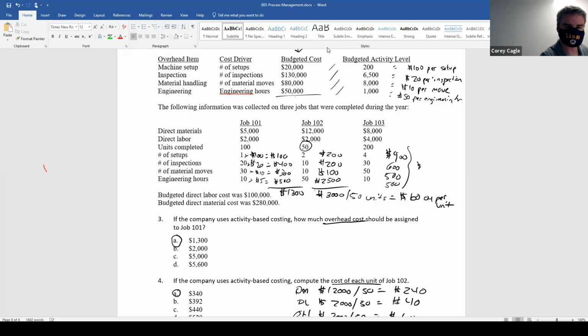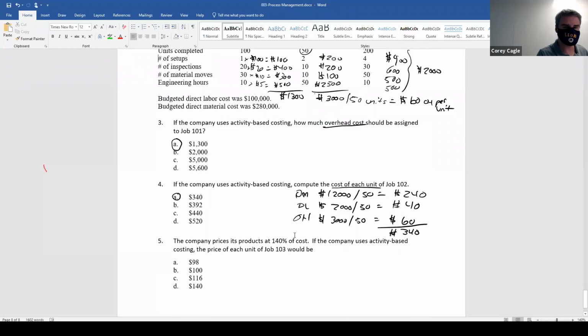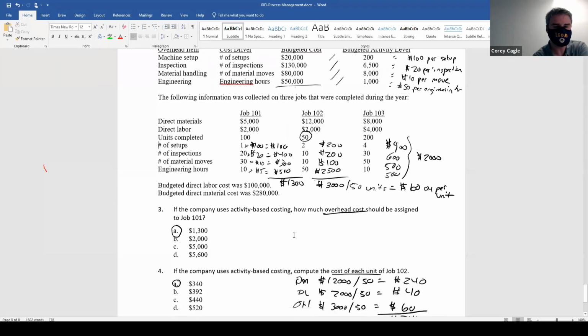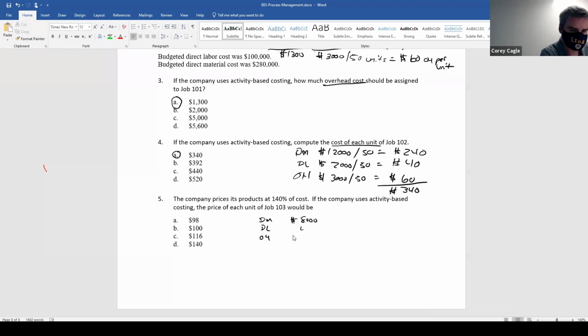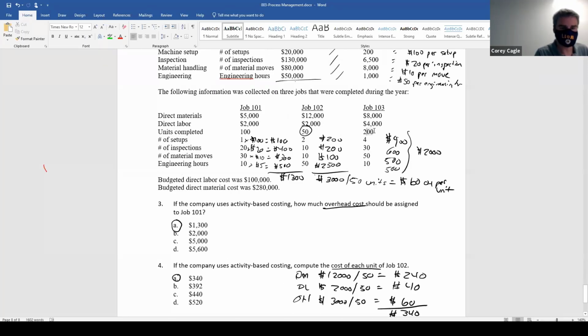2,000. So we got 8,000 of materials, 4,000 of labor, and 2,000 of overhead. So 842. $14,000 total in the job. There are 200 units there.